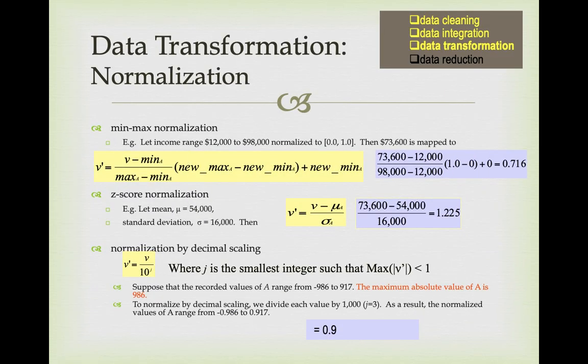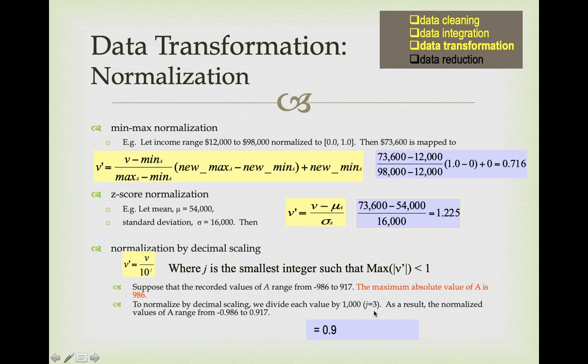Another normalization is by decimal scaling. As you can see here, the v, where j is the smallest integer. Okay, so v is 73, right? Okay, so we will divide by 10.